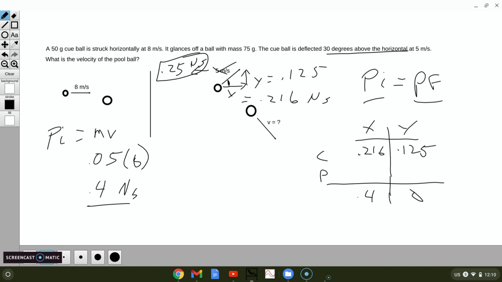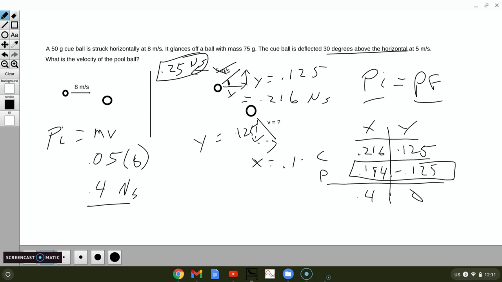It must be 0 in the y direction because initially there was nothing in the y direction. So my y value is easy. It's negative 0.125. So I know that this is 0.125 down here, and that's my y value. And then my x value is going to be 0.4 minus 0.216. So I get 0.184.